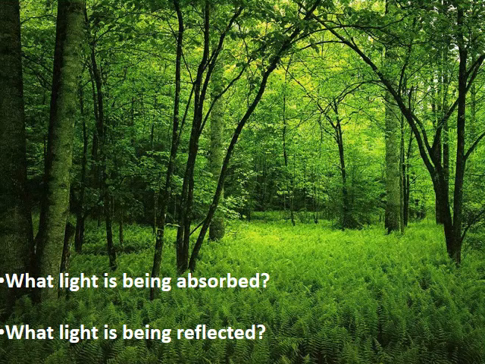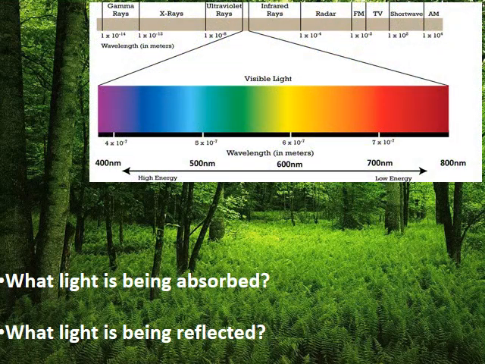Now, when we talk about the green colors of the leaves of plants, we now know that when we look at the electromagnetic spectrum, we know the visible light has different wavelengths. We know the green colors must be because that wavelength of light is being reflected by these particular pigments that we'll talk about later. And all the other wavelengths of light, excluding the green, must be absorbed.